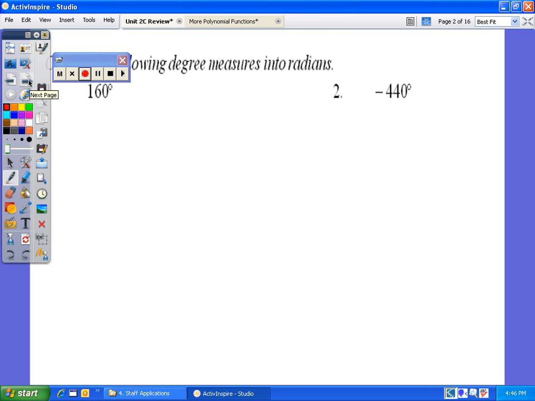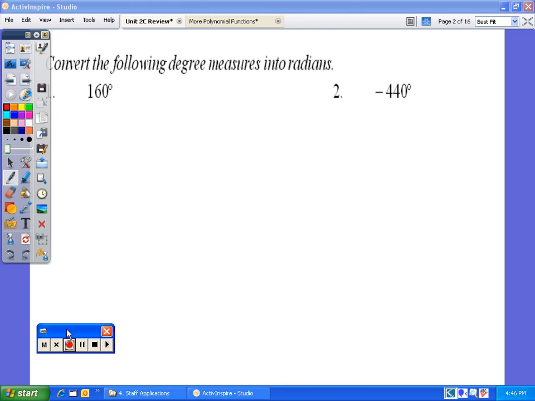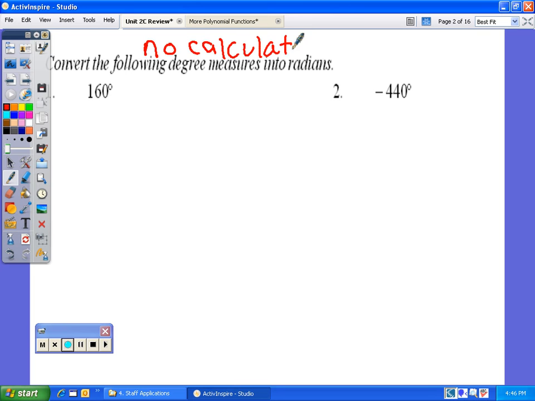Alright, so the first thing says, convert the following degrees. There will be no calculator for this. So basically, how are your math skills with fractions? So you do 160 times pi over 180.